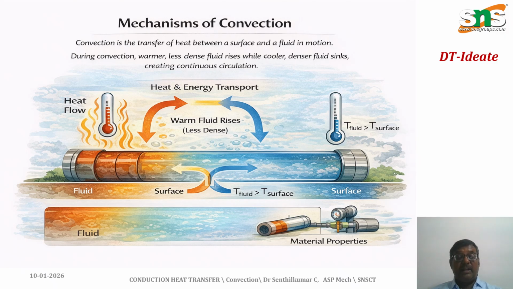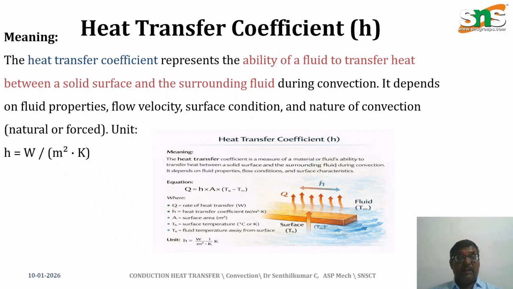So this belongs to the material property and the fluid heat transfer coefficient that we will see in the upcoming topic. The heat transfer coefficient is indicated by the notation H, with the unit watts per meter squared Kelvin.